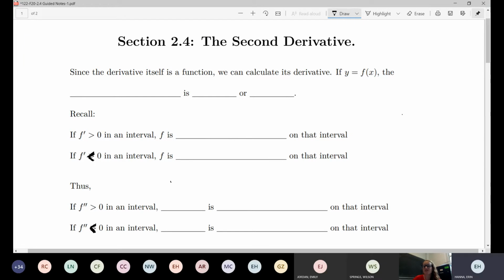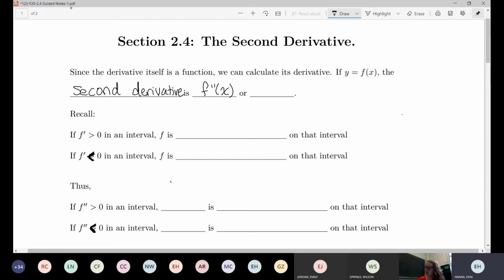So we can essentially take the derivative of a derivative. Anyway, so if y equals f of x, then the second derivative is notated by f double prime of x, which is how you would read that, f double prime.